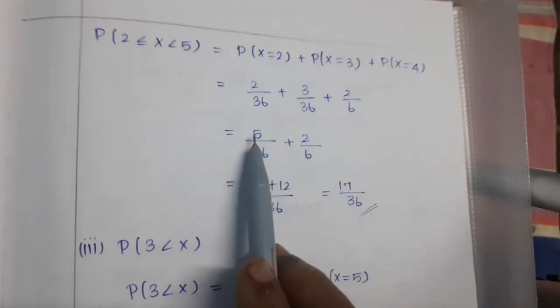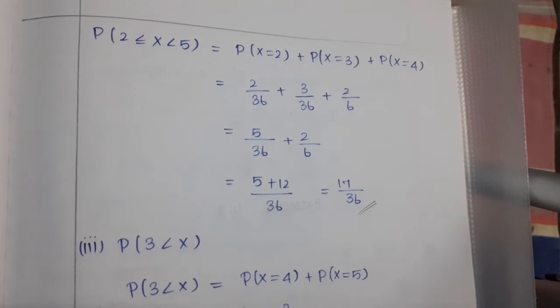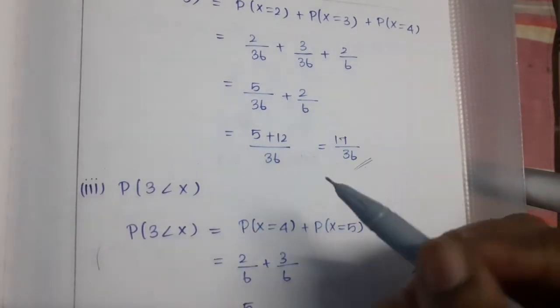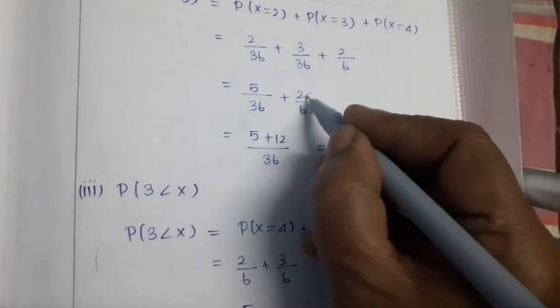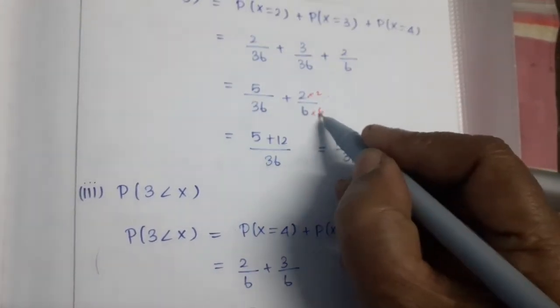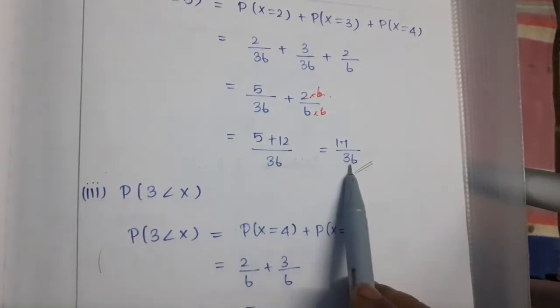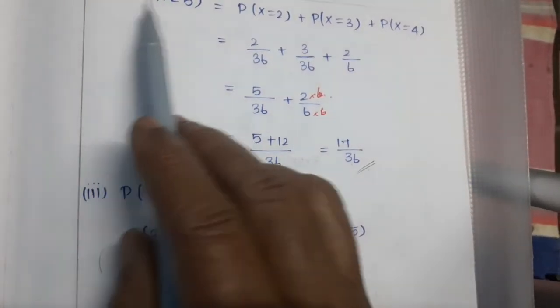So 2 plus 3 is 5 by 36 plus 2 by 6. Taking the LCM, we get 5 plus 12, because we multiply and divide by 2. 6 into 6, so 2 sixes are 12. 12 plus 5 is 17 by 36.